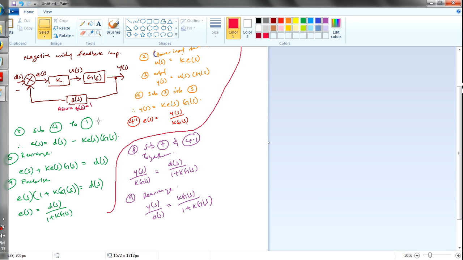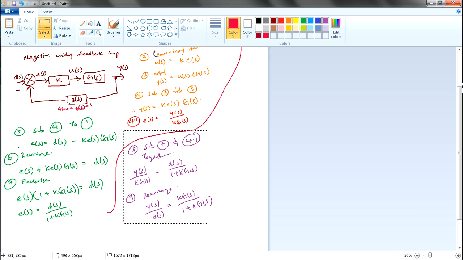If you remember in the old videos on modeling how we derived the 1 plus KG, but nonetheless, we are already here. So you just sub in 7 and 4.1 because they are in terms of E(s) already. Y(s) is this one, and this one is this one. You rearrange in terms of output divided by input, you eventually get this closed loop function, which is KG.